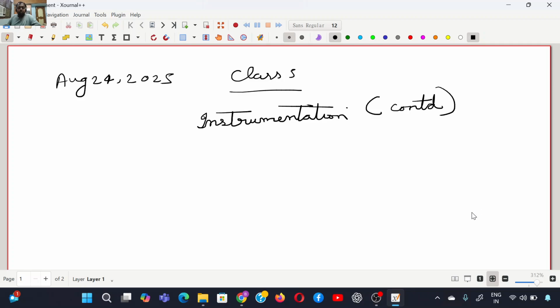Okay, so to begin today's class, we will first give an overview of the atomic absorption spectrometer layout, okay? Before we move to the individual components.